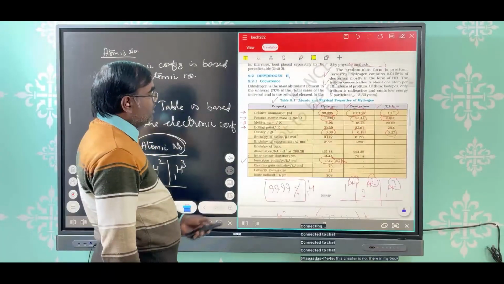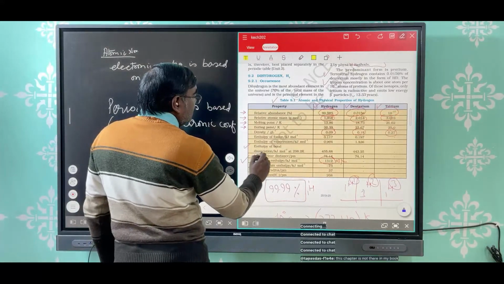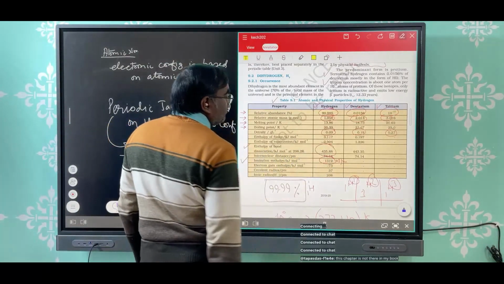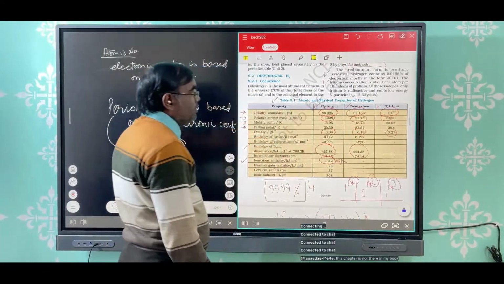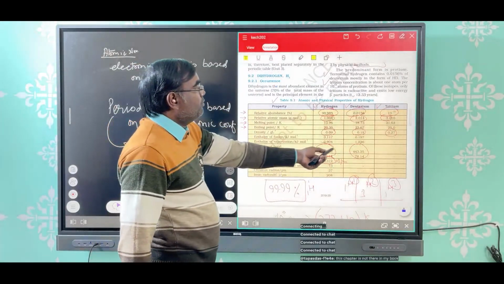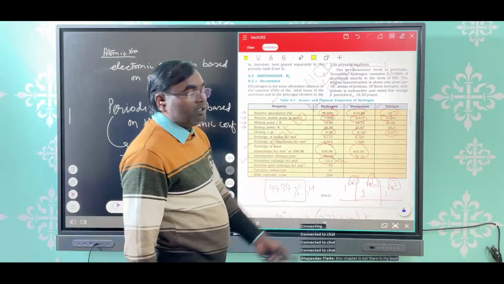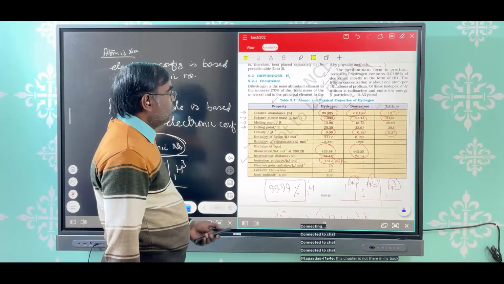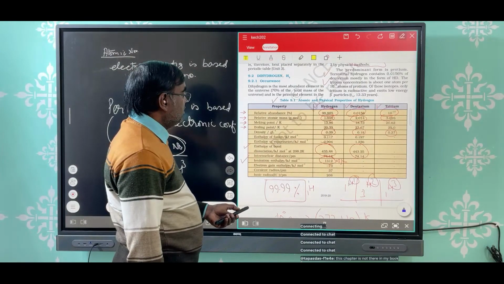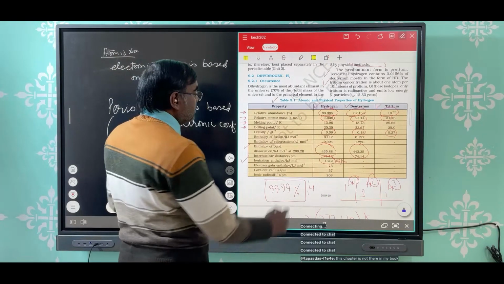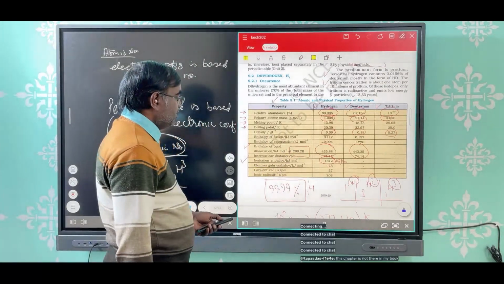Enthalpy of bond dissociation is 435.88 for hydrogen and 443 for deuterium. So for deuterium it is a little bit more in comparison to hydrogen. And it is at 298 Kelvin.